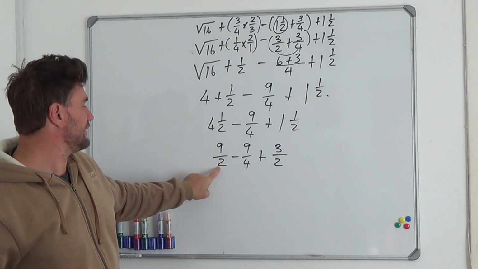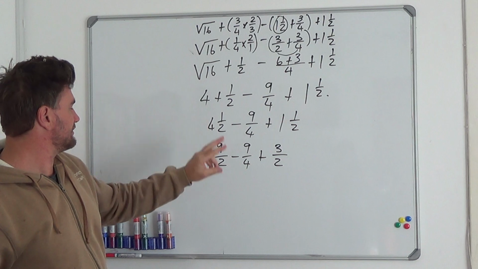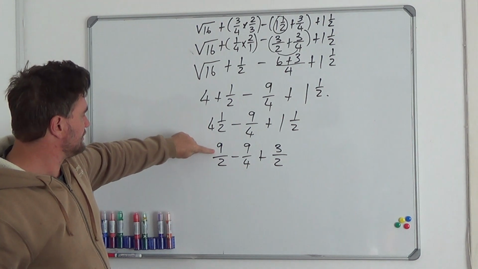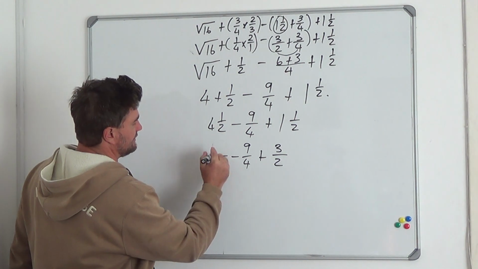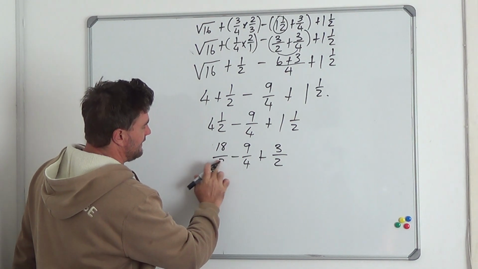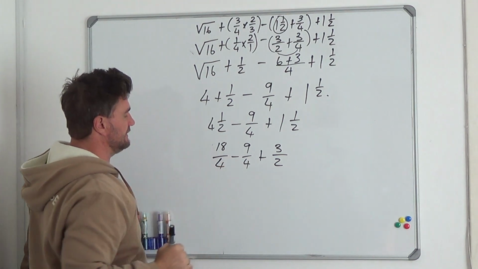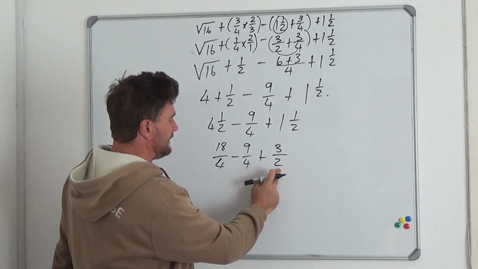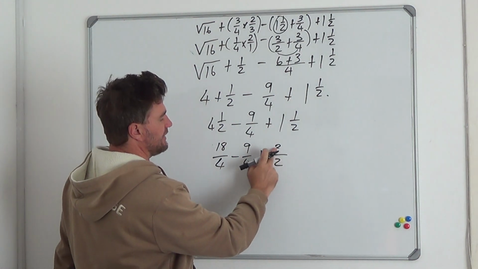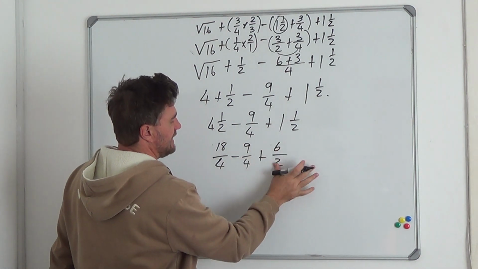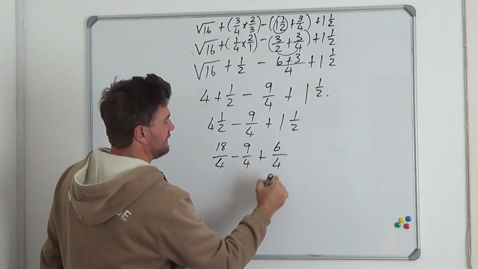To change this, what do we do to the 2 to get to the 4? We times it by 2, so we need to do that to the top. So 9 times 2 is 18, and our denominator is 4. We did the same to this 2 to get the 4, so 3 times 2 is 6, with a denominator of 4.